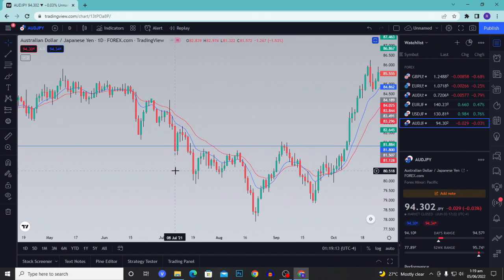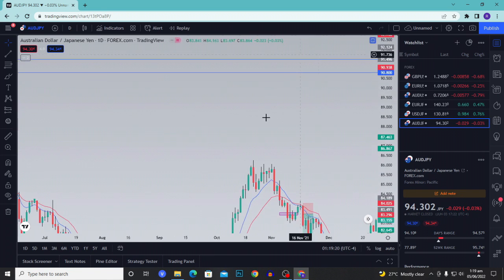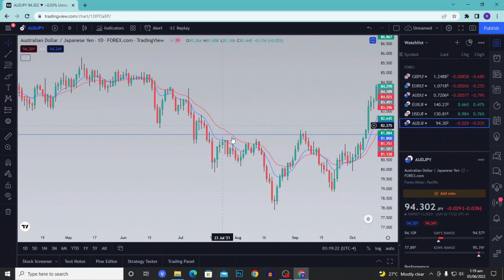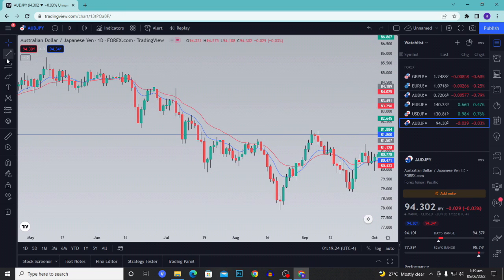So for our W formation, like what we had up there, as you can see, price came down. Let's draw this up. Price came down here for our first W formation right here.